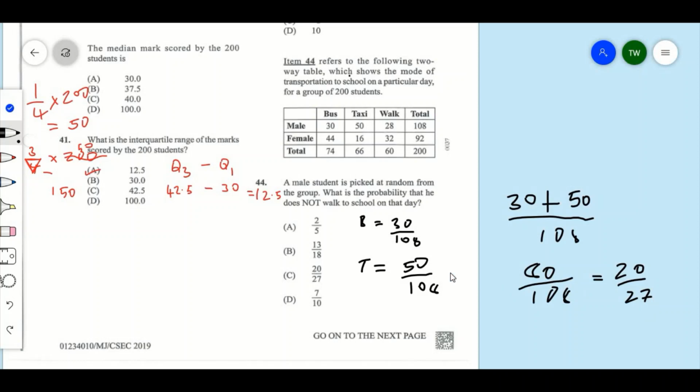So the probability of not walking to school is going to be 20 out of 27, and our answer is going to be C here.